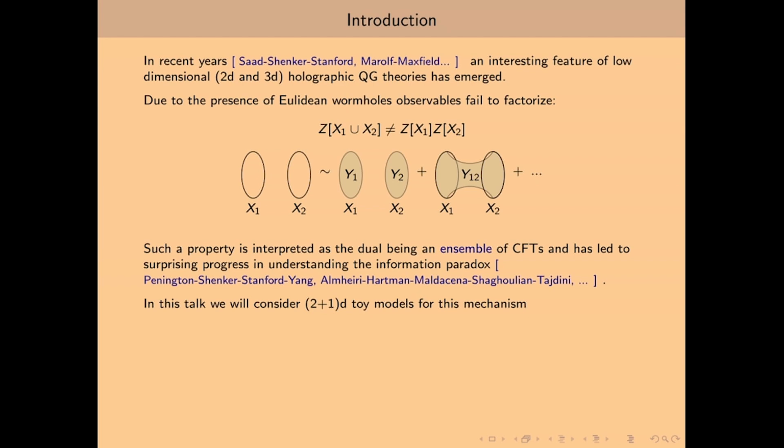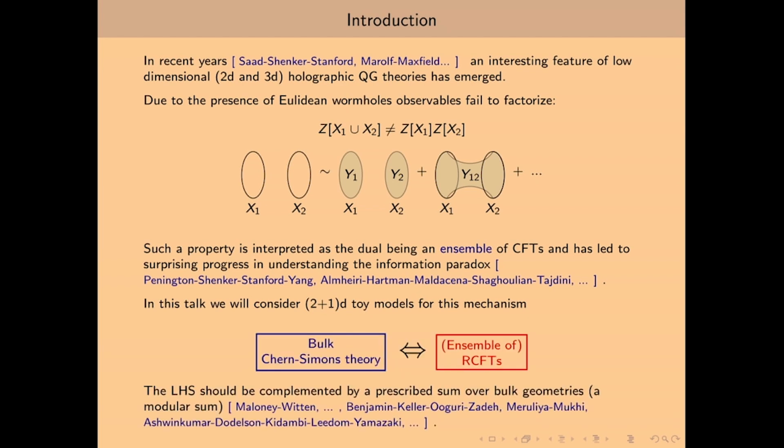It starts from the most well-known type of holographic duality, holographic in quotes, which is the duality between a Chern-Simons theory in the bulk, a TQFT, and an ensemble of, I will explain, rational conformal field theory. Of course, Chern-Simons theory is not a theory of gravity, so to make sense of this, we have to add to the left-hand side a sum over bulk geometries to implement some kind of gravitational path integral.